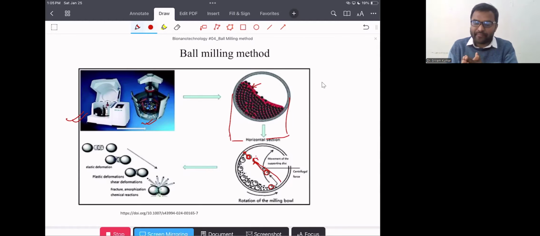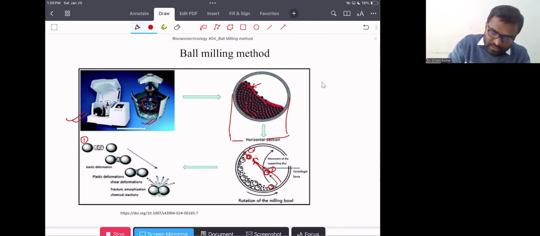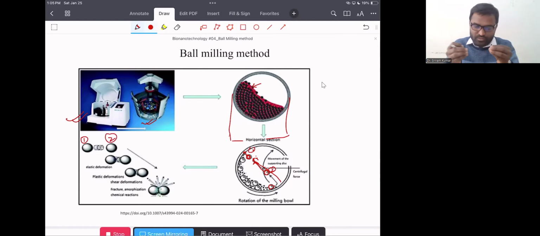In that case, we have these kinds of interactions. Suppose in the initial case this one ball is here, and the second ball is coming and collides. Initially, we have elastic deformation of the material, and later, if the balls get very close to each other, the material may be deformed plastically. So initially elastic deformation happens, and the second stage is plastic deformation.